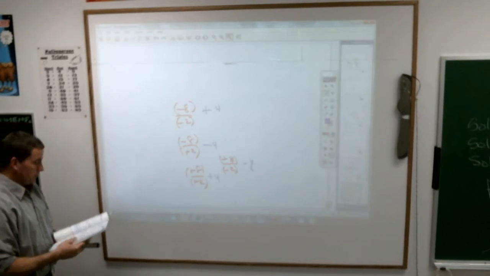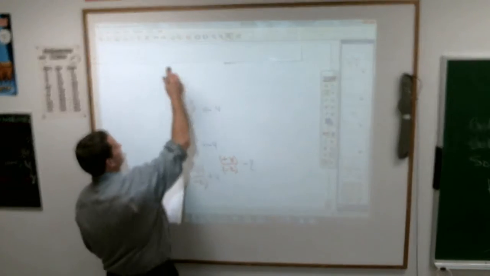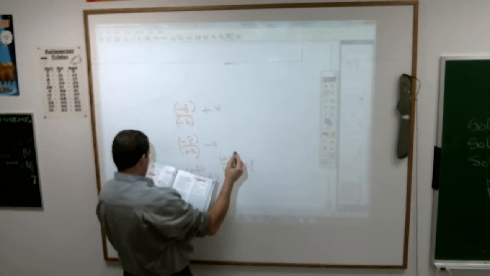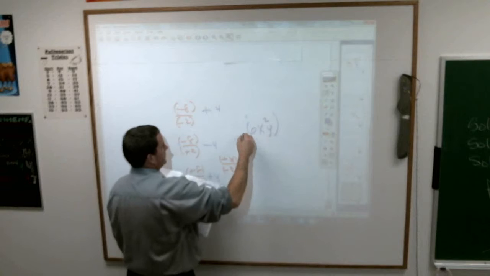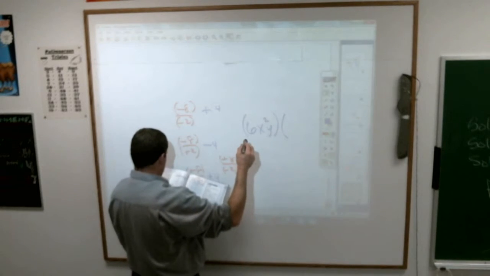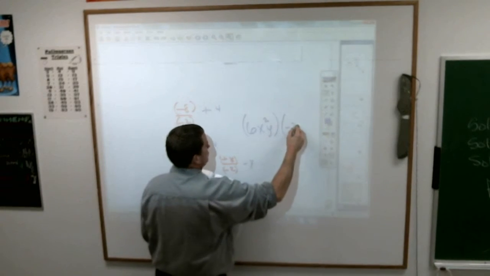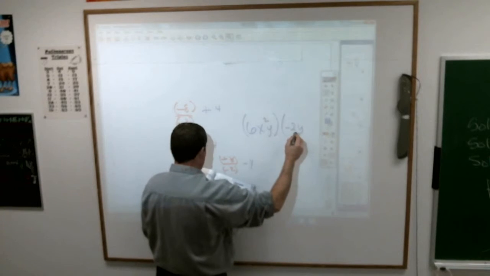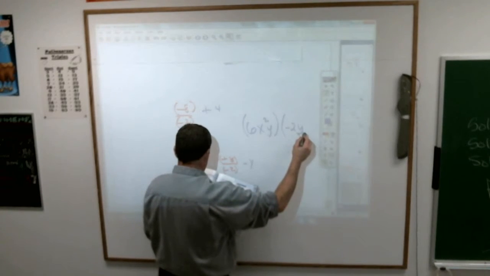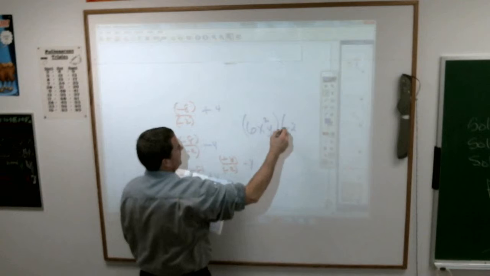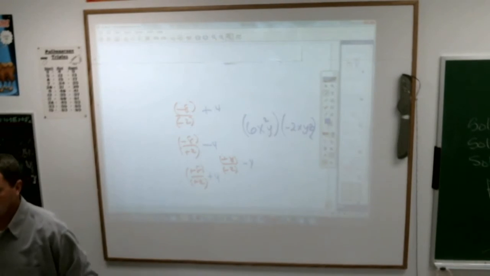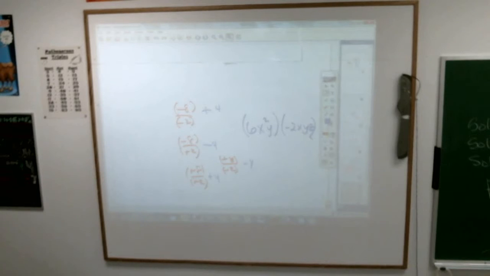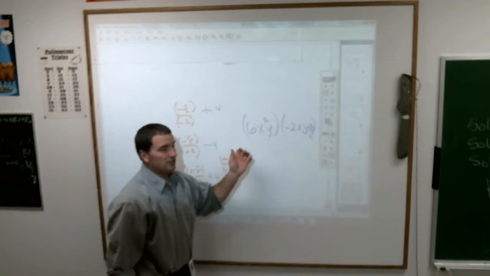Piece of proverbial cake. But here's what some of the problems maybe will look like. 6x squared y times negative 2y xyz, which is stuff that you've done before. You just have to look at their signs.